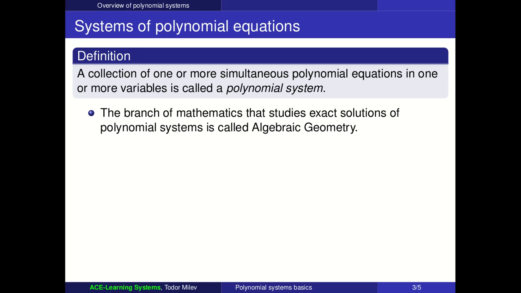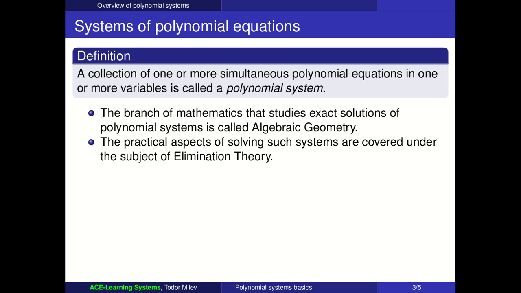The branch of mathematics that studies exact solutions of polynomial systems is called algebraic geometry. Now, algebraic geometry is a very wide branch of mathematics, and the practical aspects of solving polynomial systems are covered under a relatively small sub-branch of algebraic geometry.